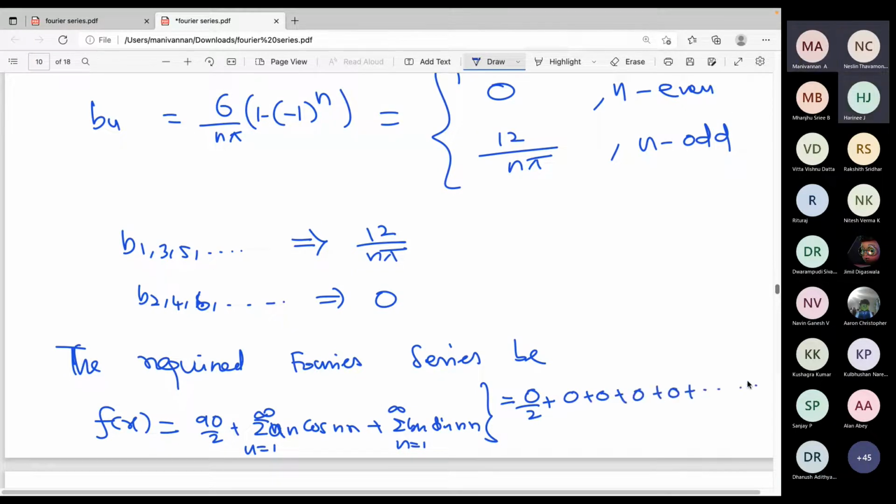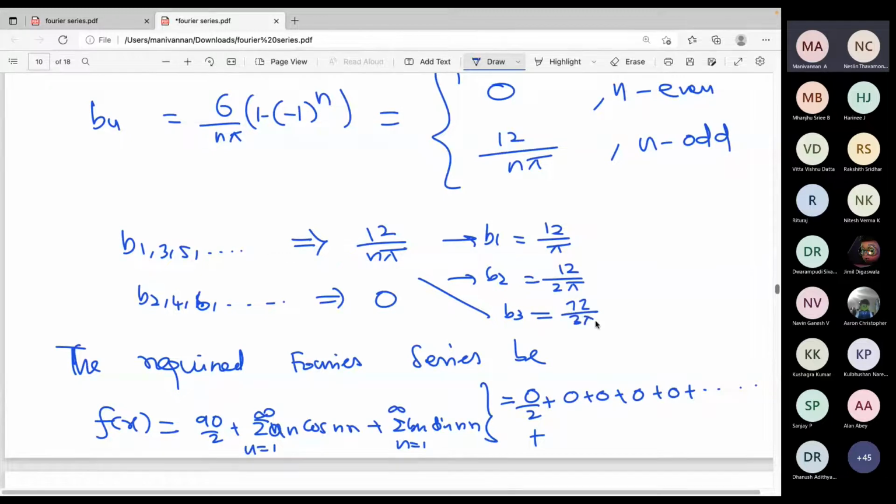Yes, sir. And what about bn? B1 is 12 divided by pi. B2 is 12 divided by 2 pi. B3 means 12 divided by 3 pi. Is it clear? Yes, sir.